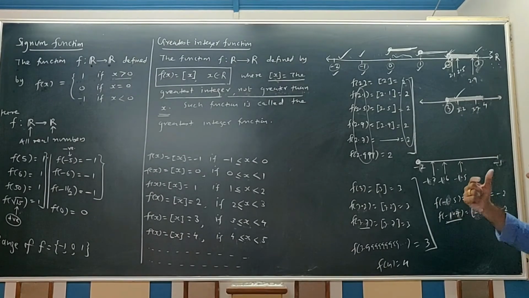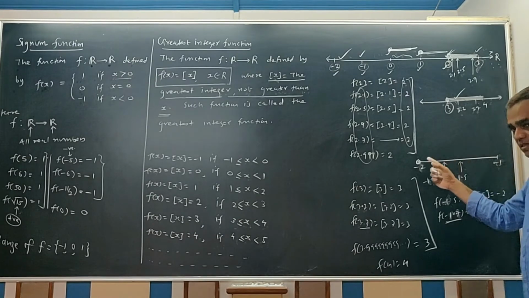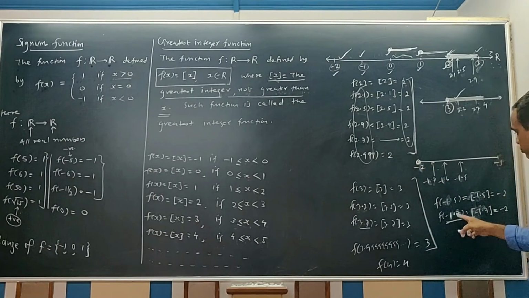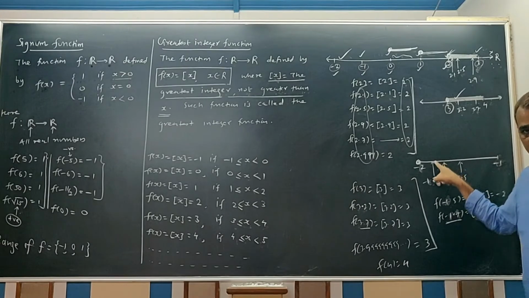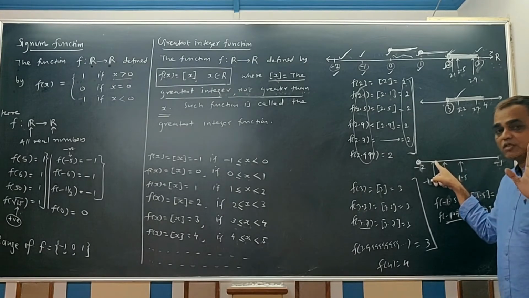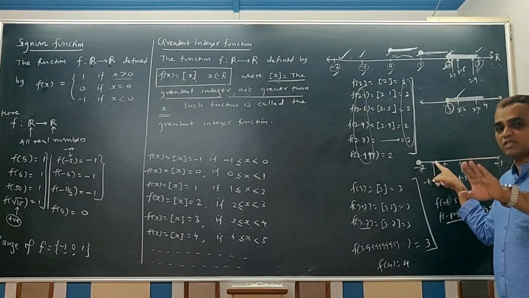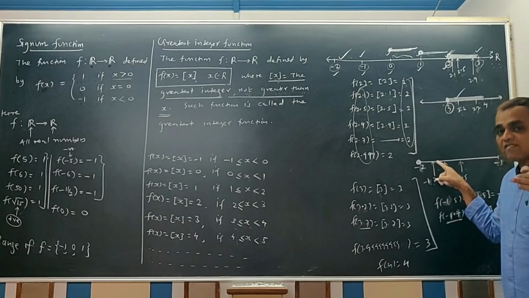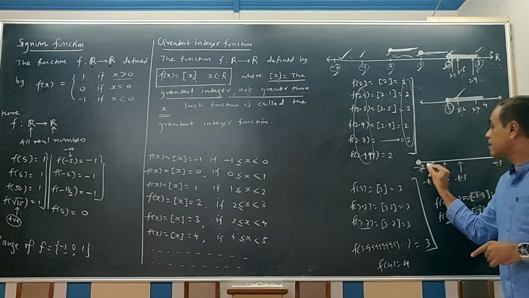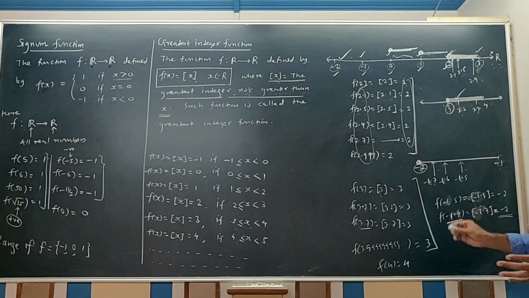But what is the actual method? The method is you create a number line. You need the floor value of minus 1.7. Now take minus 1.7: which is the first integer on the left of minus 1.7? The first integer on the left of minus 1.7 is minus 2. The output is minus 2. So this is the correct value.